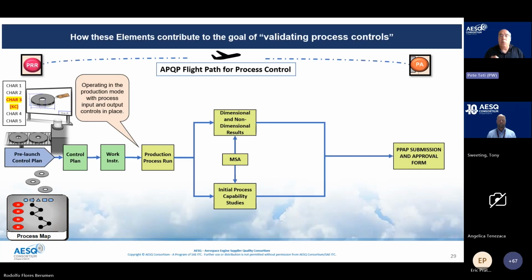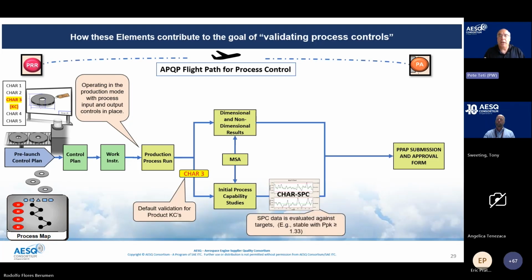We need to understand what is the signal that it provides that they need to react to. And that is the last column on that control plan. So the reaction plan and the control method go hand in hand. Those two columns have to talk to each other.